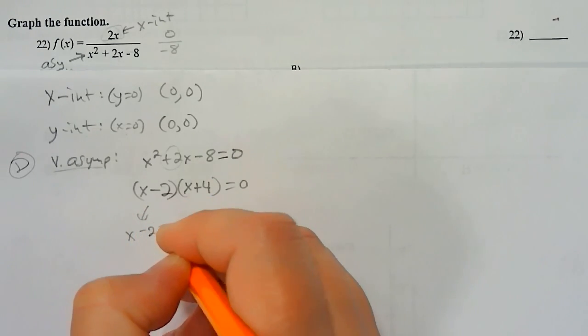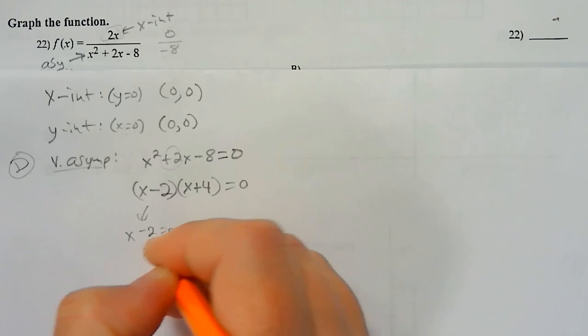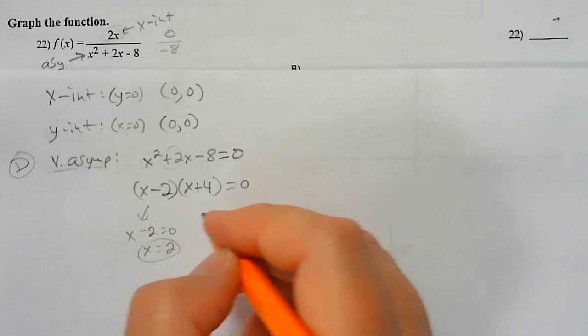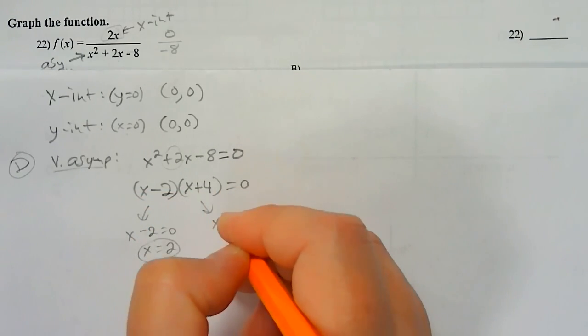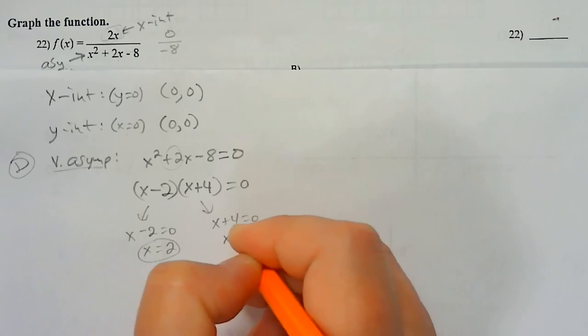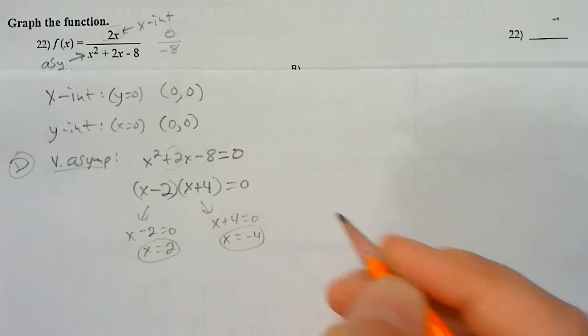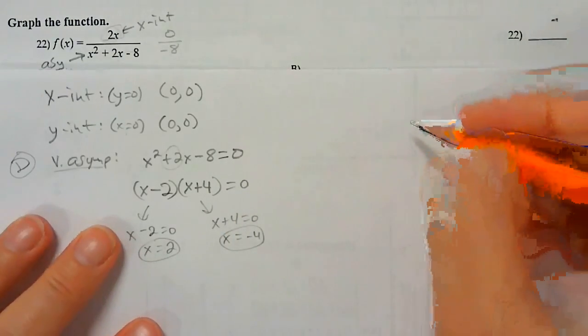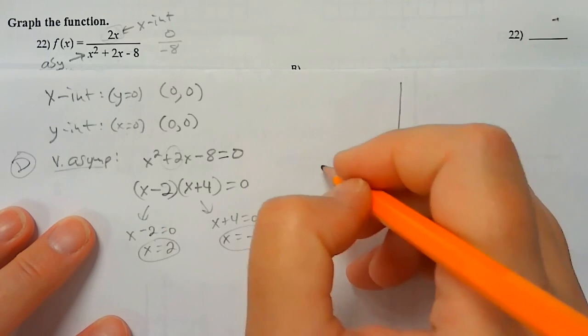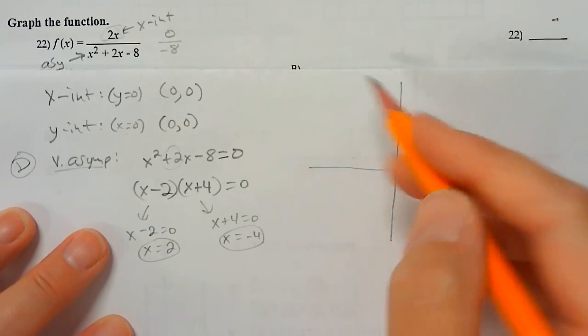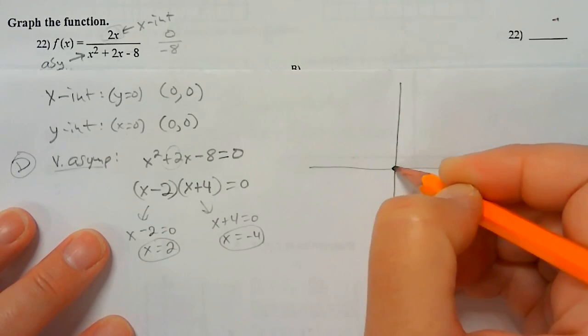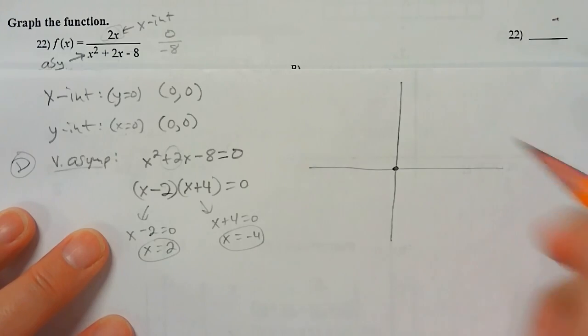So x minus 2 equals 0, or x equals 2 is one vertical asymptote, and x plus 4 equals 0, or x equals -4 is my other vertical asymptote. So I think I'm ready to start sketching. So I have a point on my graph at 0, 0. That kind of covers both of these things.